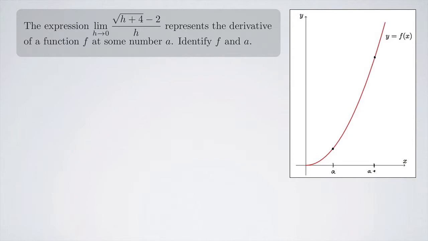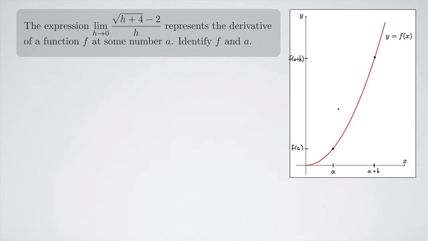In other words, it's a distance h along the x-axis here. And if this is a, then the y-coordinate is f of a. And if this is a plus h, then the y-coordinate is f of a plus h.